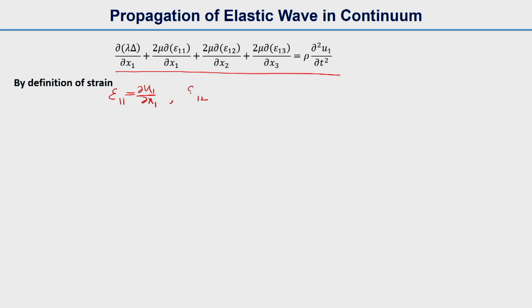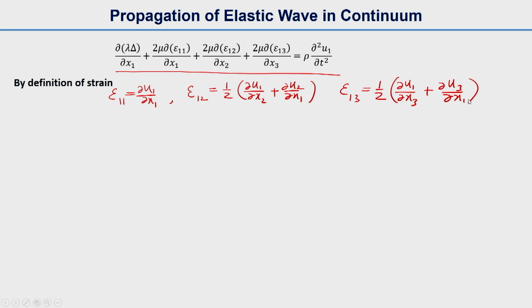Similarly the shear strain epsilon 12 is half of partial of u1 with respect to x2 plus partial of u2 with respect to x1, and then epsilon 13, we are talking about only the x1 direction now, is half of partial of u1 with respect to x3 plus partial of u3 with respect to x1.